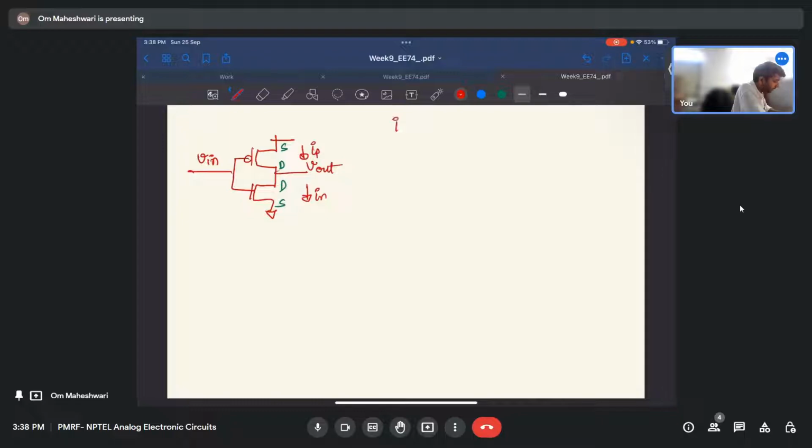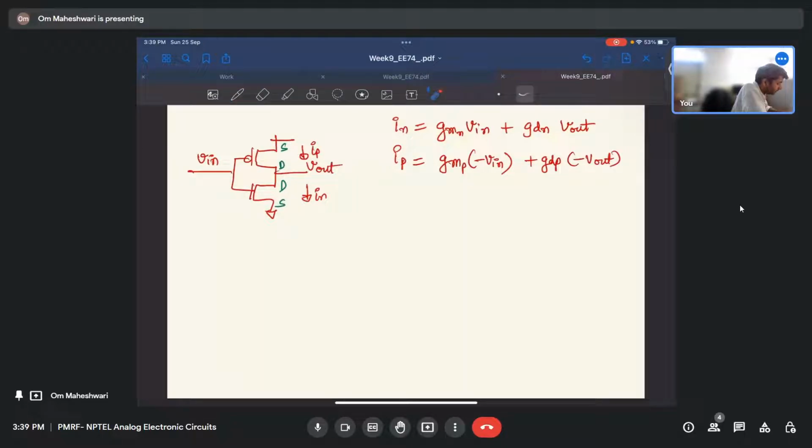IN equal to GMN V in, so VGS is V in, plus GDN V out, VDS is V out, and IP equal to GMP minus V in minus GDP minus V out.